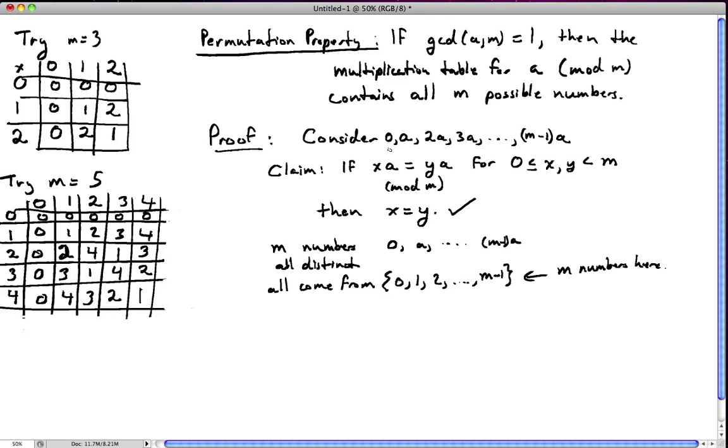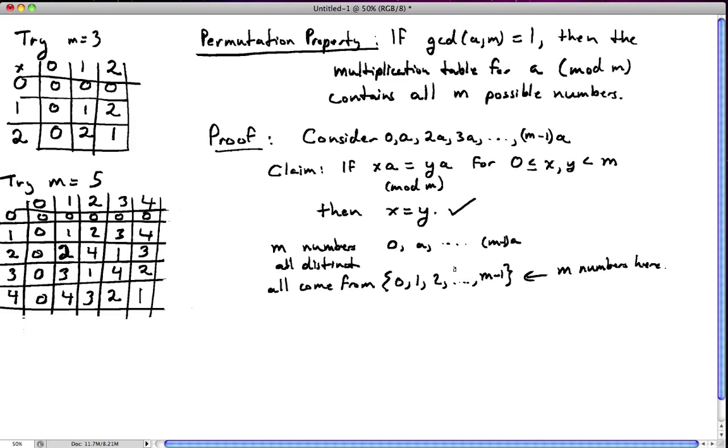That the multiplication table for A has to contain all of the numbers. There's just no way out. You have M numbers, they're all distinct, and they have to come from this set, so it must be all of them. That proves, by what's called the pigeonhole principle, that if you have M pigeonholes and M pigeons, and no two pigeons are in the same pigeonhole, then in fact all the pigeonholes must be filled.